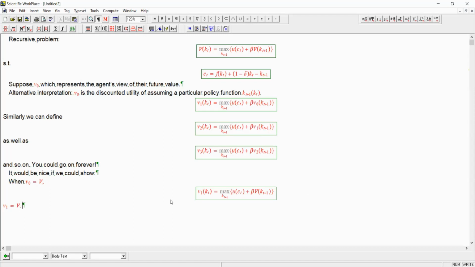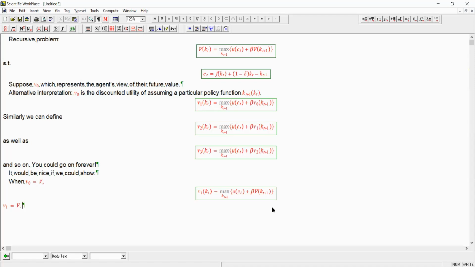So we would like to show, first of all, that such a thing exists, that there is one that satisfies this equation that we started with. It's equivalent to saying there's one that when you plug it in here as a starting point, you recover it when you solve the maximization problem.